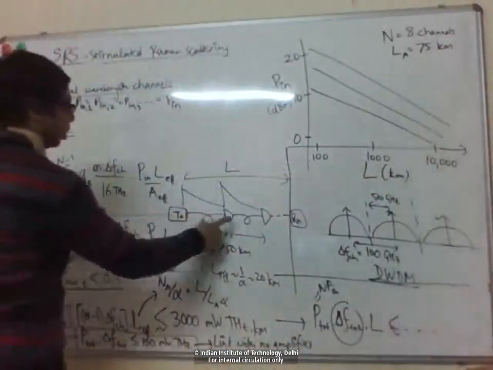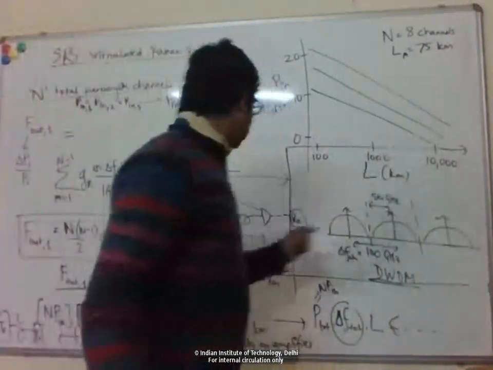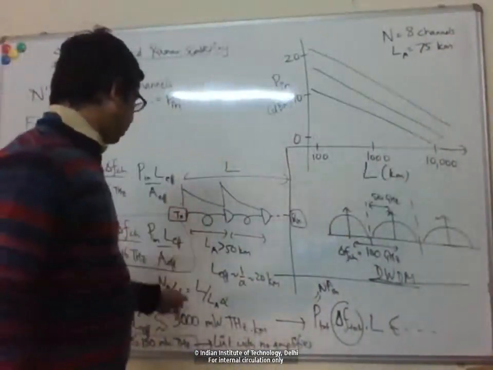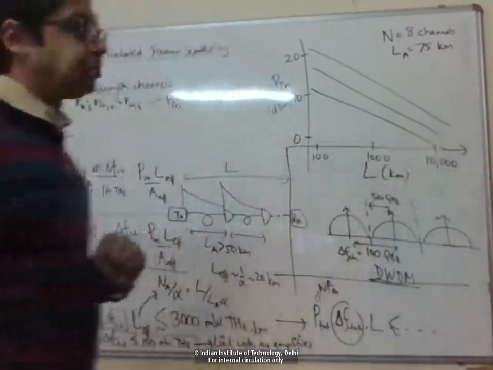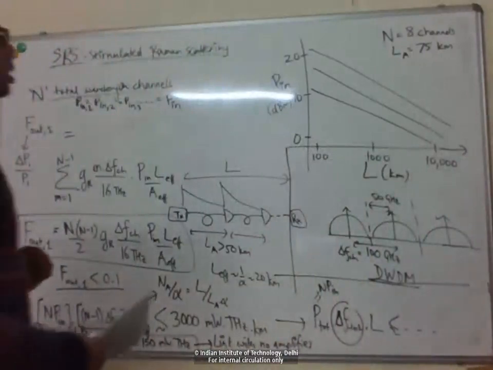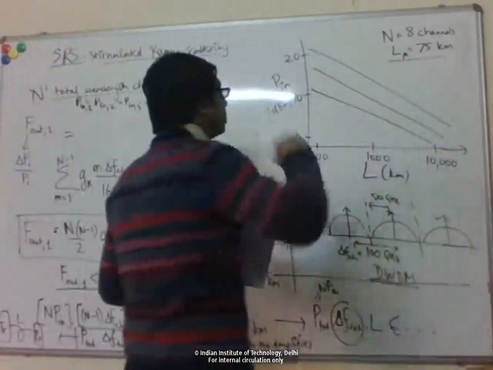As I increase the link length, I will need more amplifiers, so N A will go up with increasing length. These are typical amplifier spacings for long links.